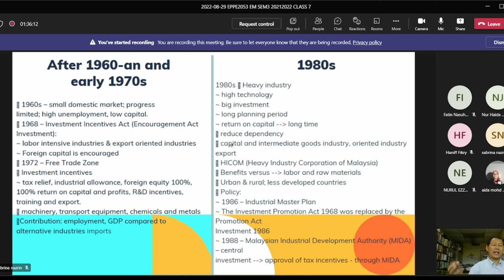So you have to go another digit, more detail. 43. Oh, Hulu Langat. District. Oh, still large. 4360. Bandar Baru Bangi. Like that. So SITC 7 is the main export of Malaysia.